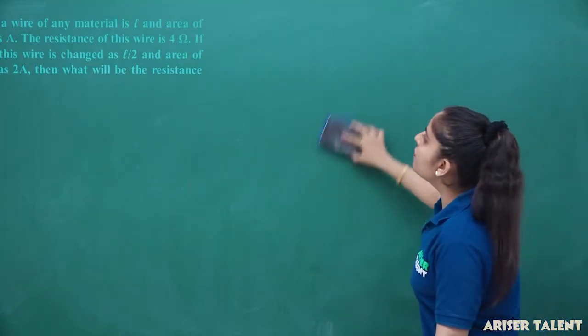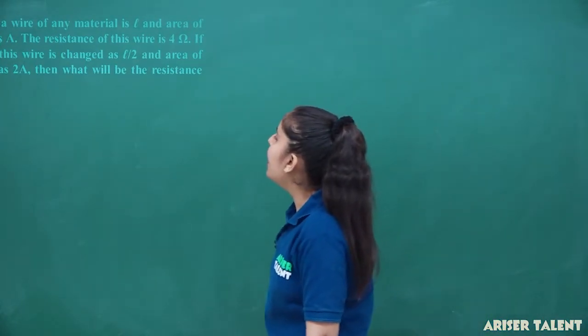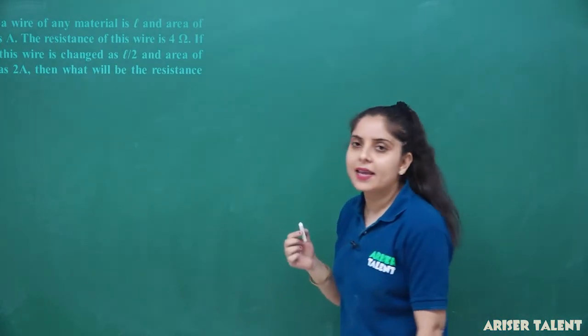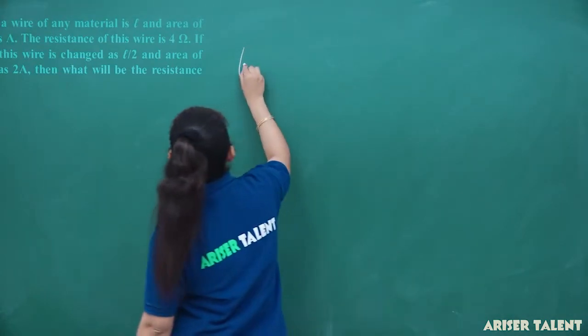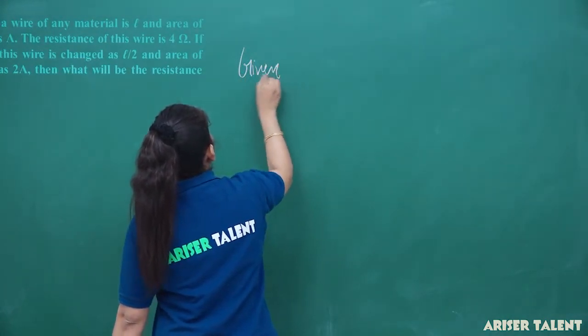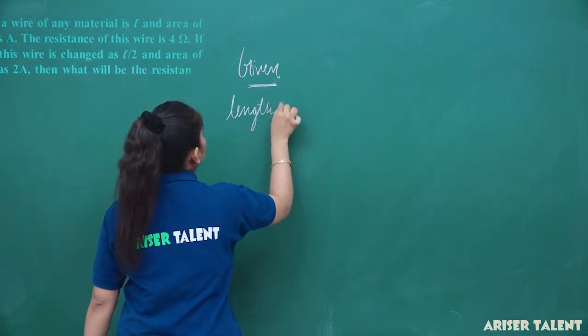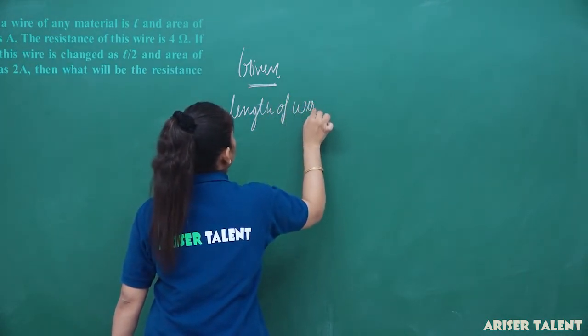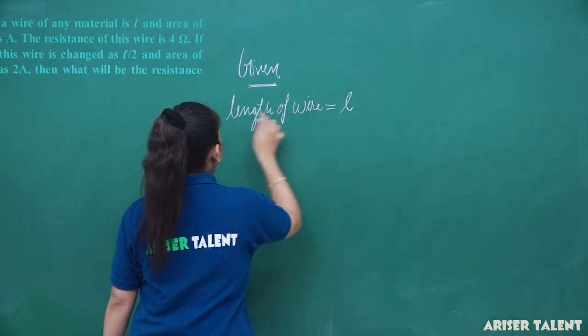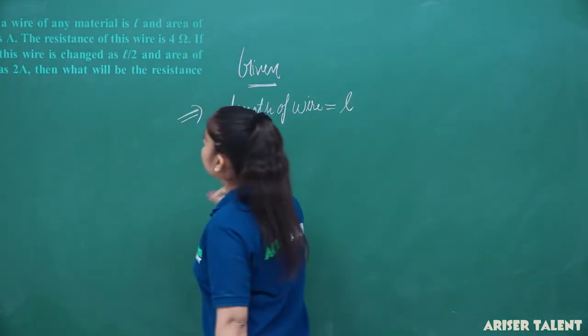The length of the wire of a material is L and area of cross section is A. So, first write the given conditions here. The given conditions are, you are provided with length of wire, which is small l.